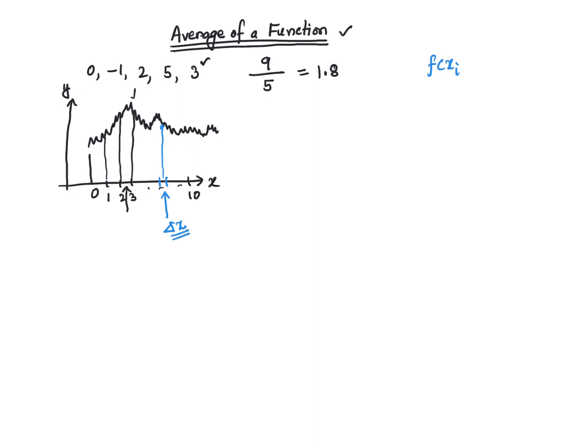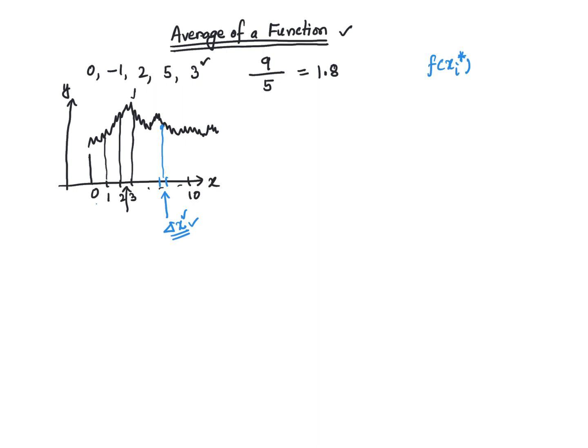I divide the interval from 0 to 10 into smaller subintervals, and I call them delta x. Each of these subintervals is the same length, delta x. In this window, I take any random number and find the value of the function, f of x sub i star.